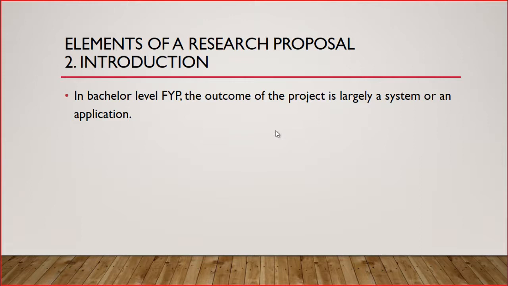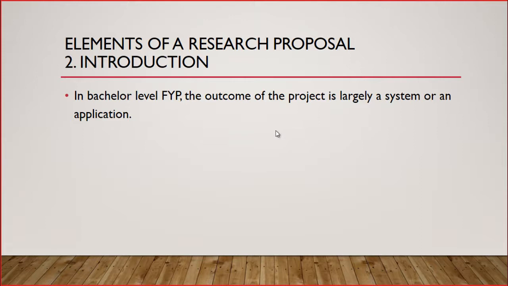Before that, let me cover first: in bachelor level FYP, the outcome of the project is largely a system or an application. Either you do an information system, which normally has specific requirements from the company to process something.